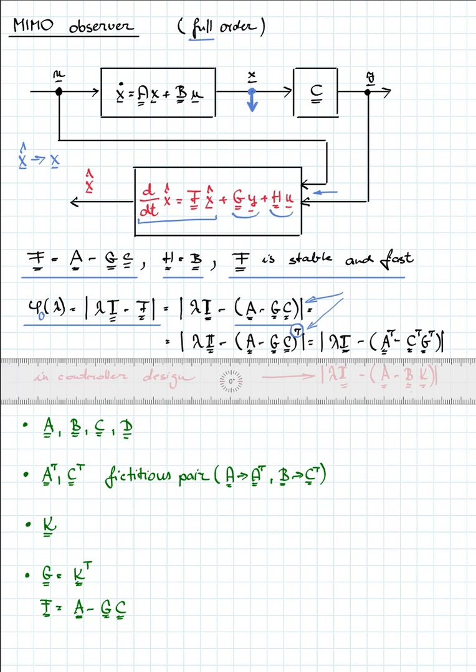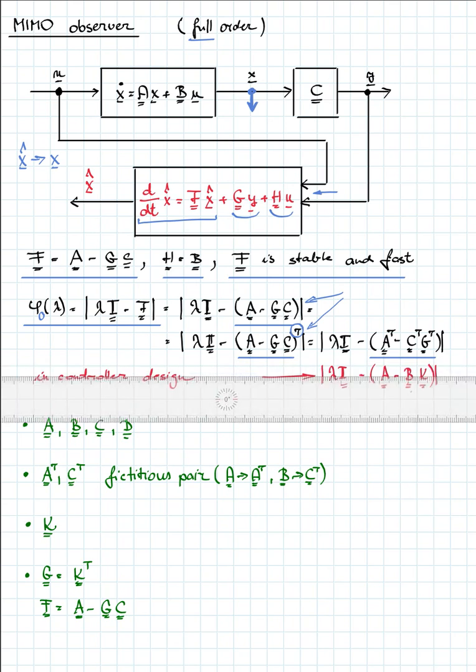And then if we want to calculate the transpose of A minus G multiplied by C, we can do it in the following way: A transpose minus C transpose G transpose, because the transpose of G multiplied by C is equal to C transpose G transpose.